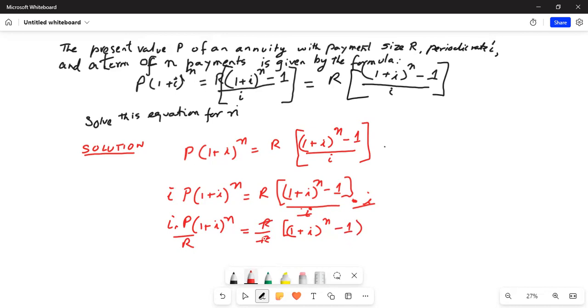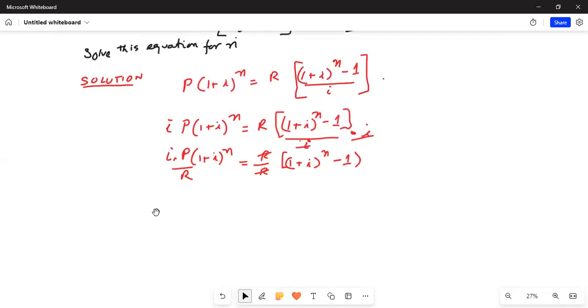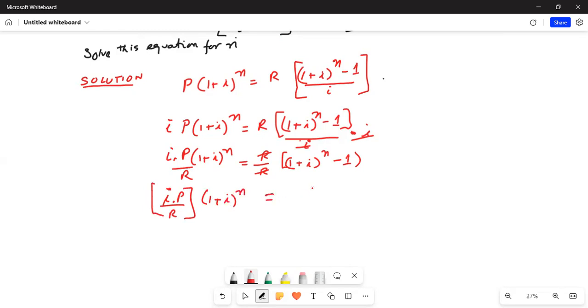So if I create some space for myself, okay. Basically I have on the left hand side of the equation I times P divided by R, times (1 plus I) to the power of n, is equal to (1 plus I) to the power of n minus 1.